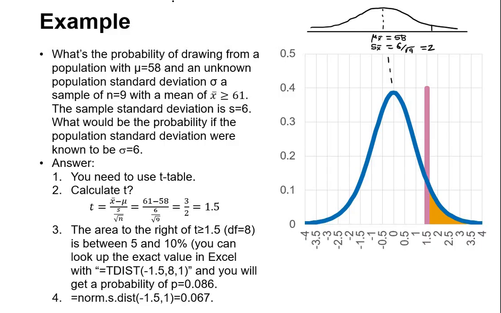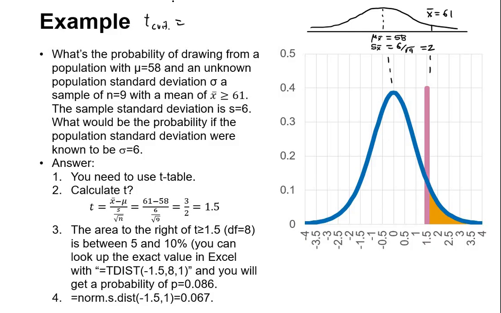So here we have a mean of 61, and that seems to correspond to a critical t-score of 1.5. Just like we construct a z-score, we also construct a critical t-score, so maybe t-critical.